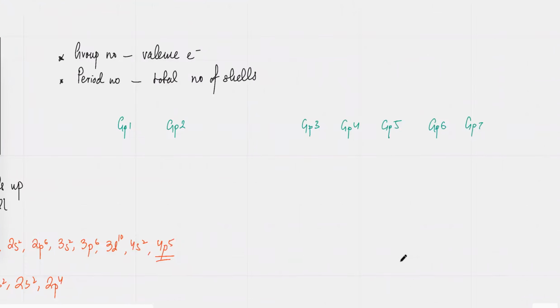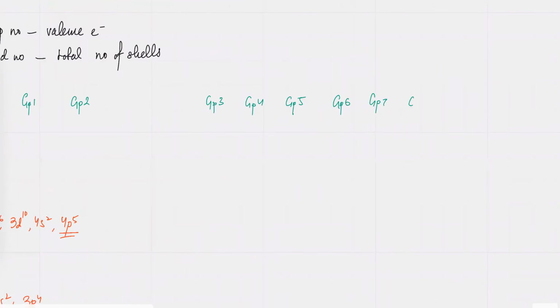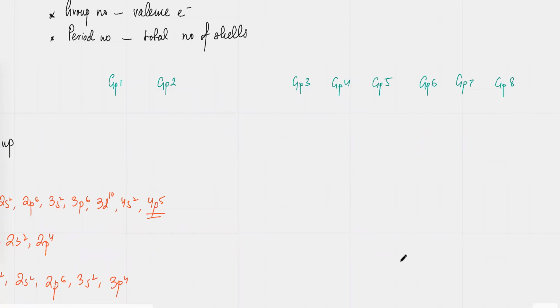I mean, again, it's 17 actually, and this is group 8, or noble gases. And this is D block. The correct word is D block. So what information do you get about the electronic configuration?